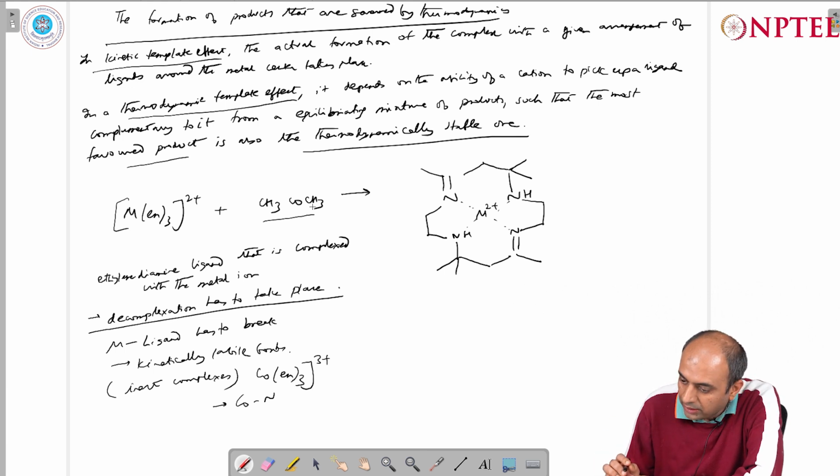And in this case of the thermodynamic template effect, we do not need, in some cases, the presence of the metal ion to template this particular process.